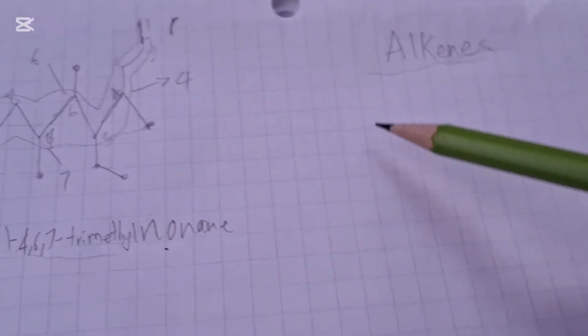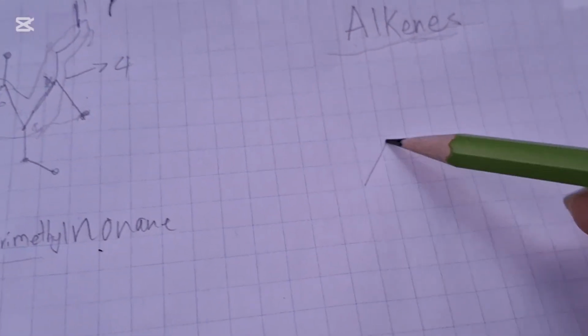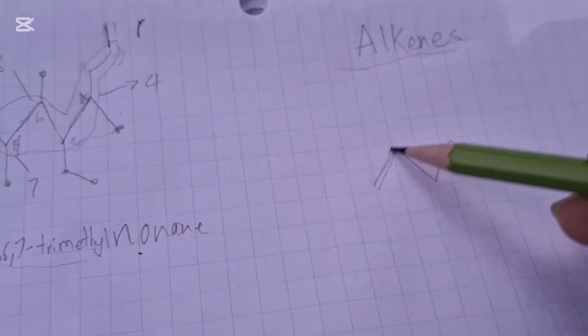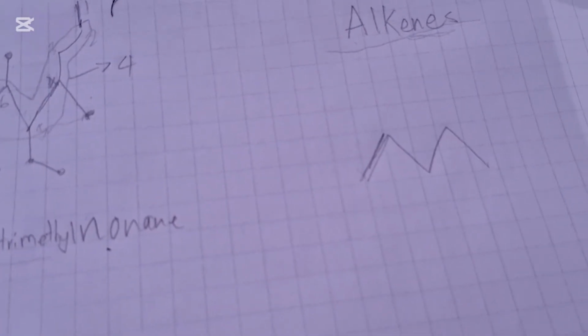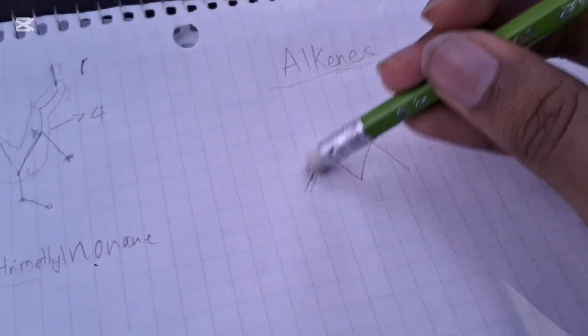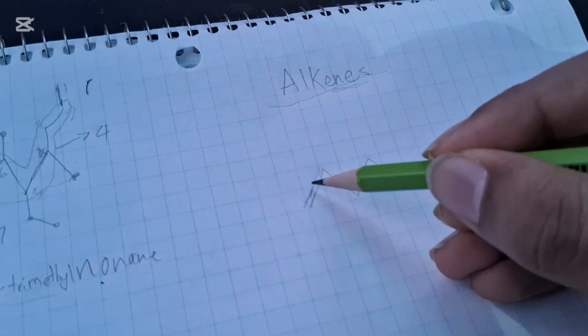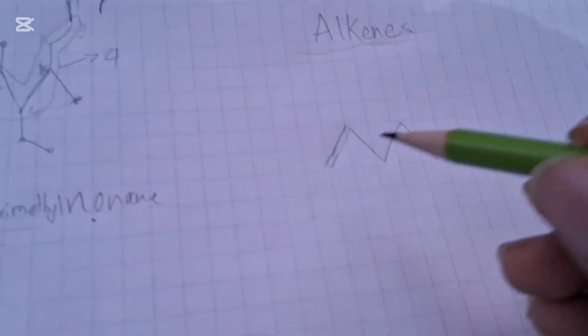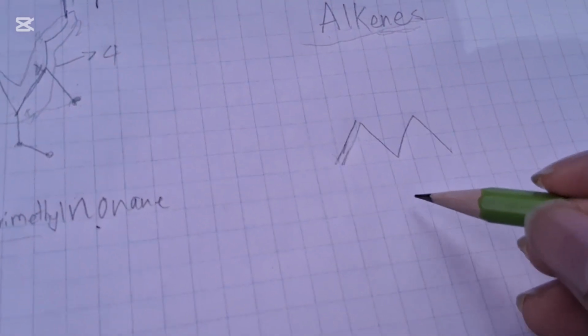Alkenes are the ones with a double bond, like this, right? And now we have to know where the location of that double bond is. In this case, we know it's pentane, right?